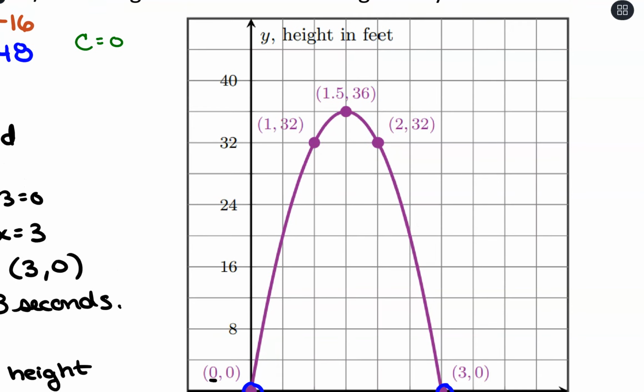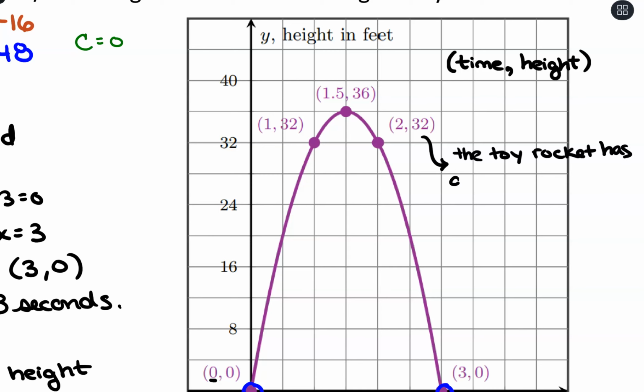We have some other coordinates here, and we'll talk about the vertex a little bit more on the next page. But just think of each of these coordinates as telling you a time for the x-coordinate and a height. So like that (2, 32), we could interpret that as the toy rocket has a height of 32 feet after 2 seconds.